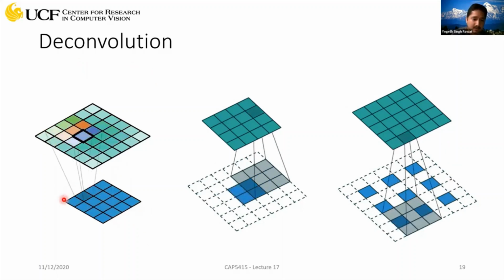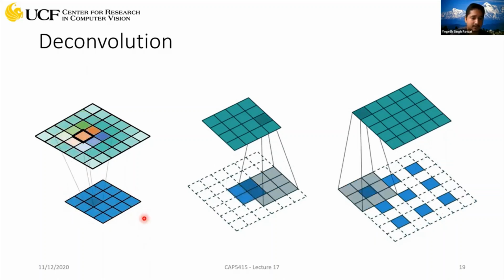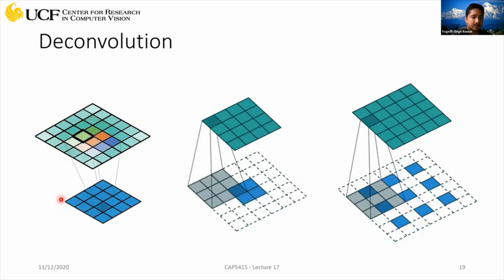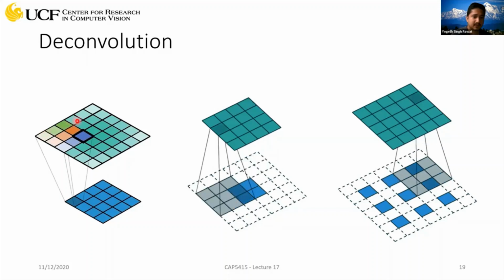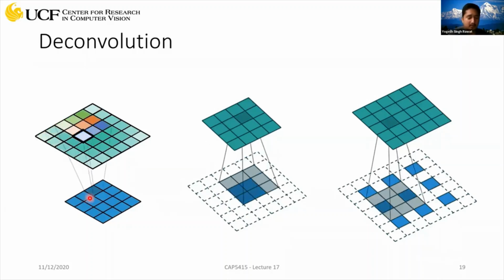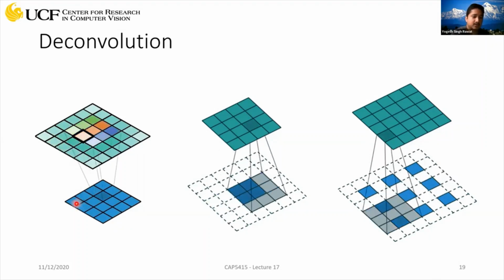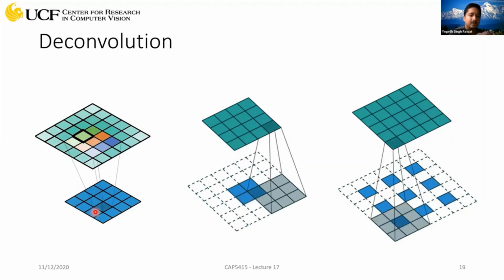So this is your input feature map. Okay, it's 4 cross 4. And let's say you want to increase the resolution to 6 cross 6 or 7 cross 7. Now, for each pixel location in this input map, it's trying to learn a kernel.